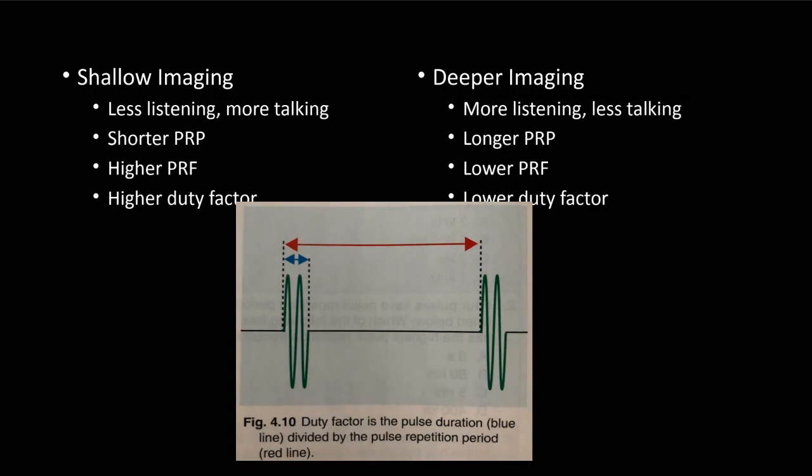So piecing some of these components together with our picture here, our blue arrow on top of that pulse is going to be our duty factor. And then our red is still showing us our PRP. Now, if the axis was giving us time, what would our blue arrow indicate?